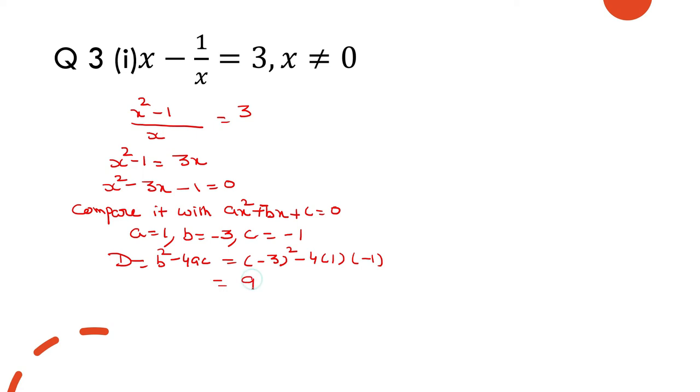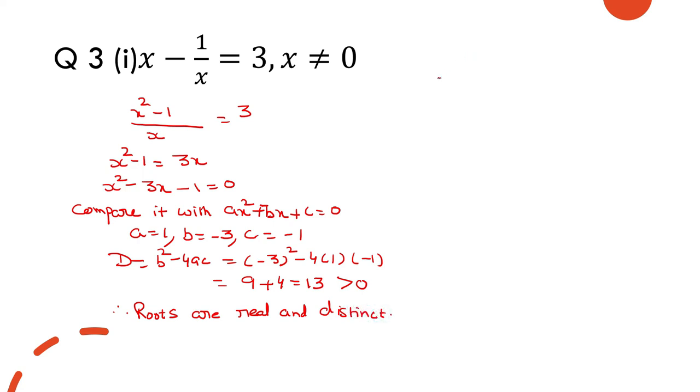बेटा, minus 3 का square 9. यहाँ minus minus plus, 9 plus 4 is 13. तो discriminant क्या आ गया? Positive. Therefore, roots are real and distinct.